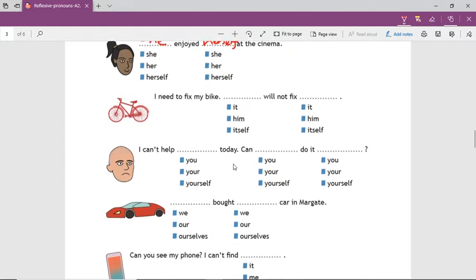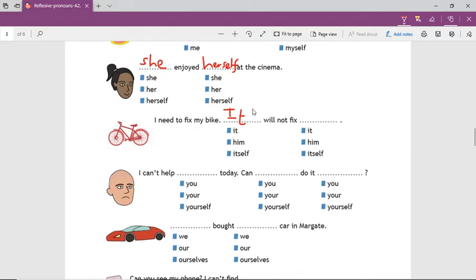Okay, great. I need to fix my bike. Something will not fix something. And the answer is going to be it. Because you're talking about a noun that's an inanimate object. That means it doesn't have life. Or you talk about it in relation to animals as well. It will not fix itself.